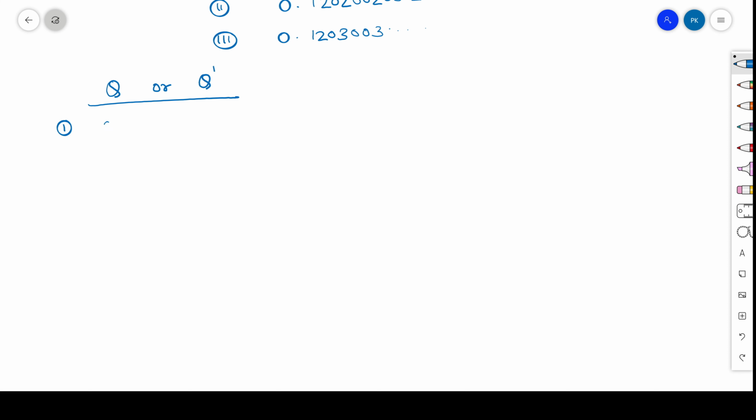So the first question is 2 plus under root 2 the whole square. If you know the formula, a plus b the whole square is a square plus 2ab plus b square, we need to use this formula. So you need to know the formula for solving such kind of questions.